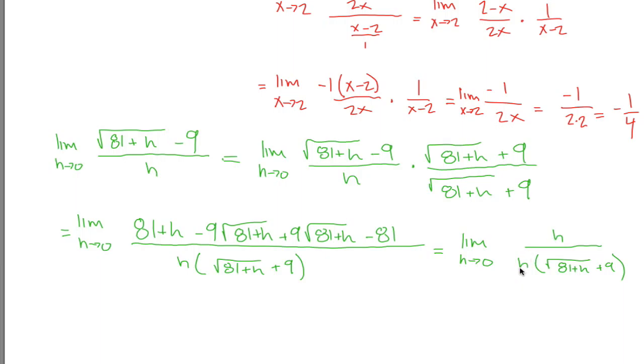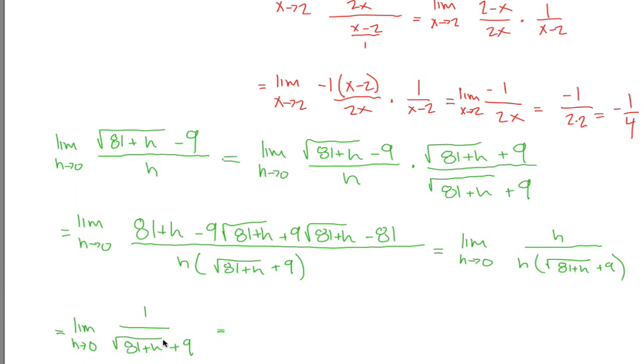Got to be careful. You can't just cancel out a variable. What I have written in this fraction is not the same as 1 divided by the square root of 81 plus h plus 9. This fraction is not the same as this. However, the limit as h approaches 0 of this thing is the same as the limit as h approaches 0 of this thing. So because I have those limits in there, I can make the step from here to here.